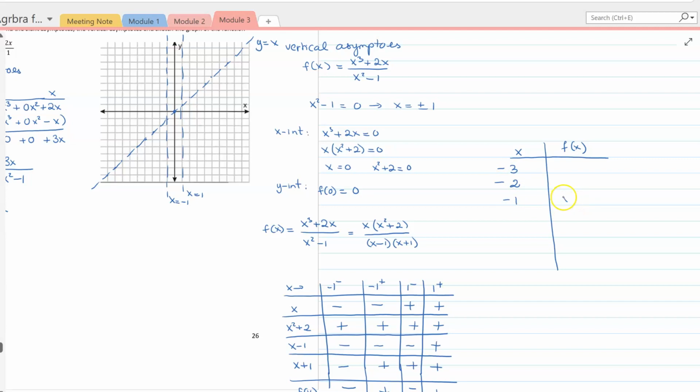We know that we have a vertical asymptote. Negative a half. At 0, we get 0. A half. At 1, we get a vertical asymptote. 2 and 3. And we find these values and fill up the table. So these are the values.